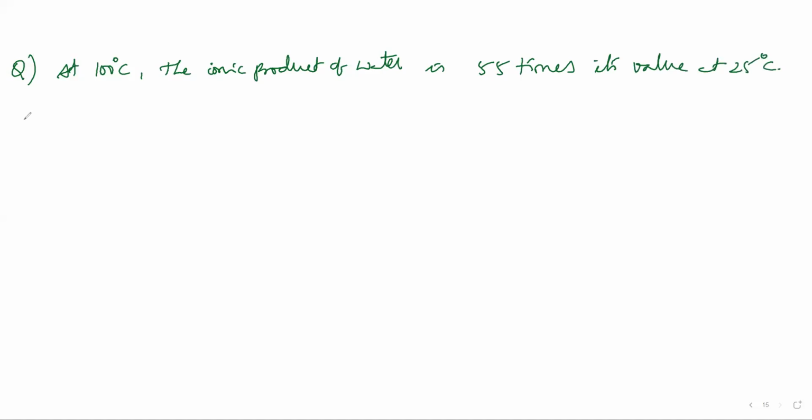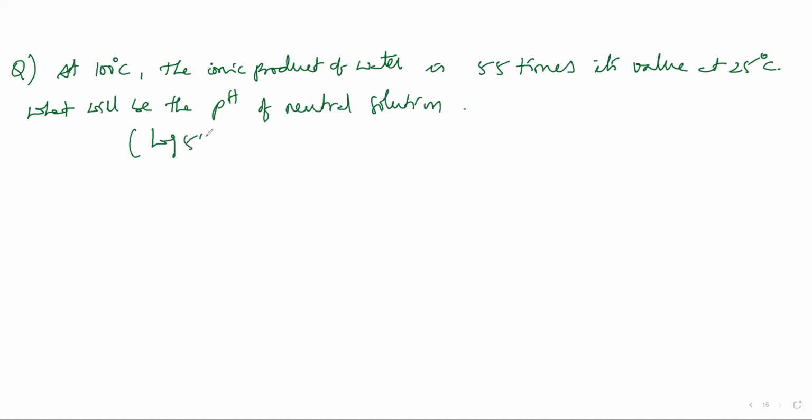What will be the pH of a neutral solution? So here one hint is given that log 55 is equal to 1.74. So this is the only hint given to solve this question.